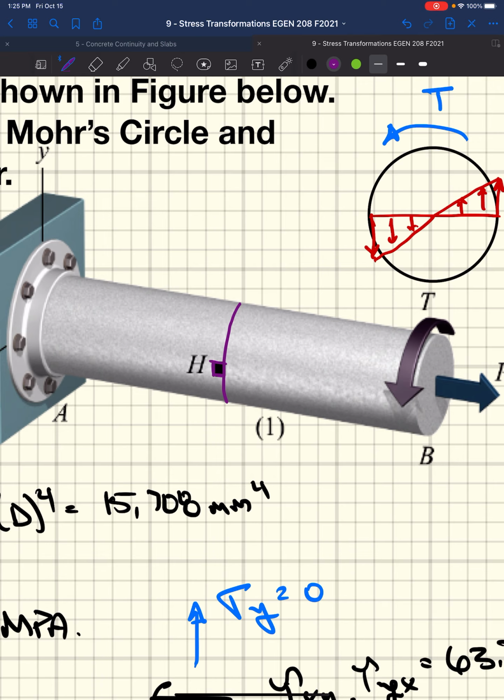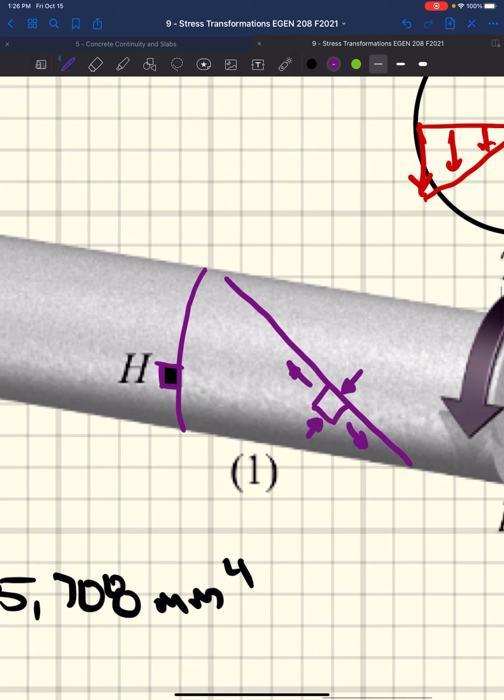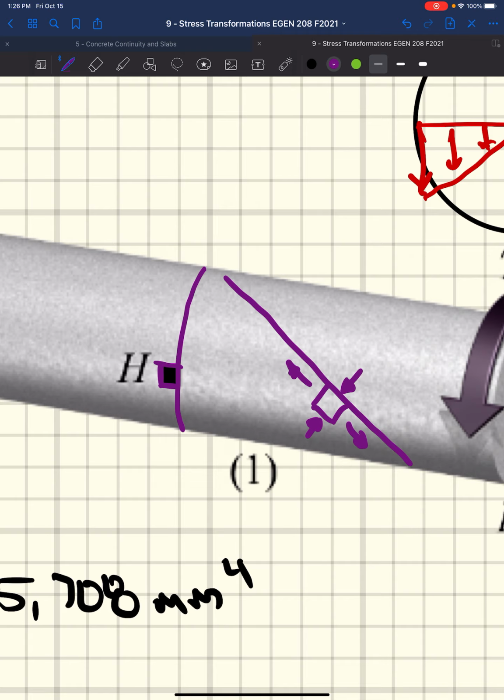Well, the maximum stresses, or the principal stresses, are actually acting on a plane that did something like this, right? So you're going to get these compressive loads and these tension loads in this shaft, and they're going to be oriented in this direction everywhere. So really this shaft is trying to get torn apart.